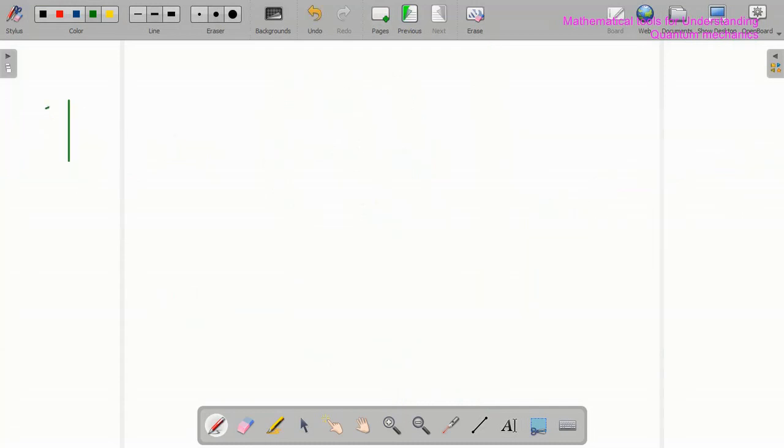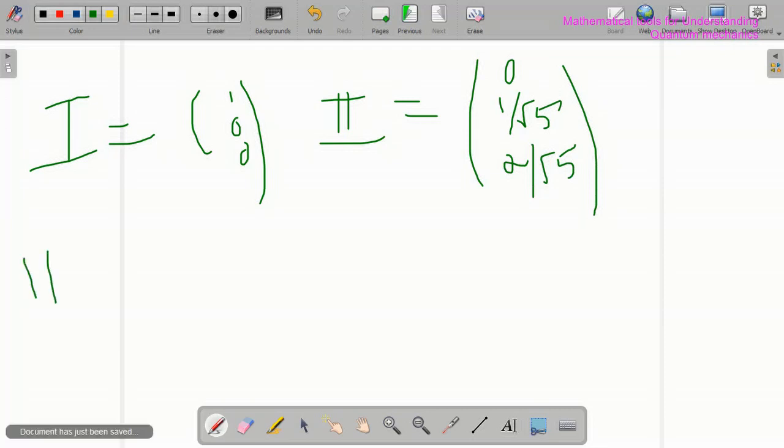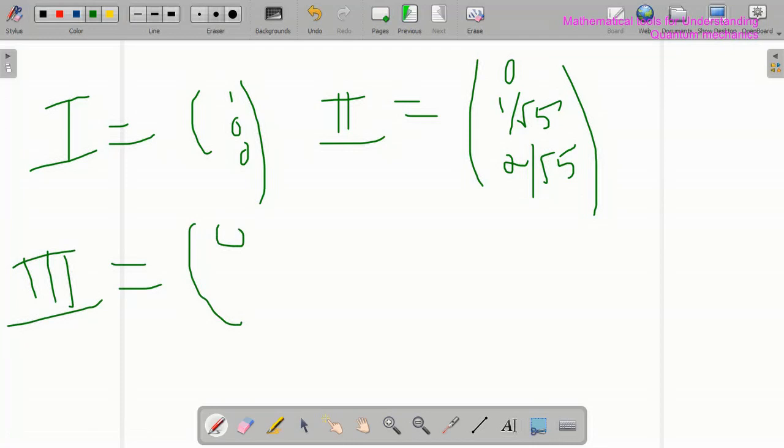If you write all of them: the first one is 1, 0, 0, the second one is 0, 1 by root 5, 2 by root 5, and the third one is 0, minus 2 by root 5, 1 by root 5. If you take the scalar product of each pair, the first with the second is 0, the first with the third is 0, and the second with the third is minus 2 by 5 plus 2 by 5, which is 0.